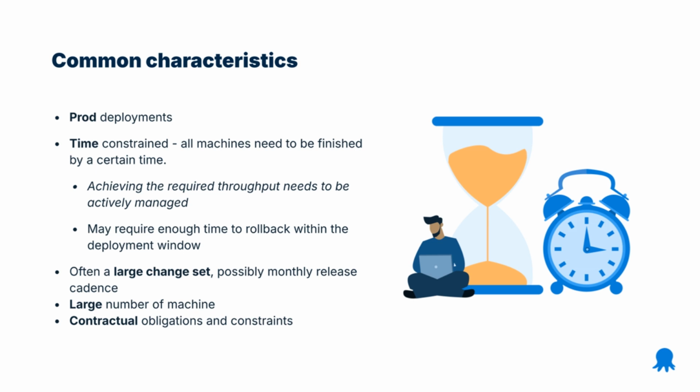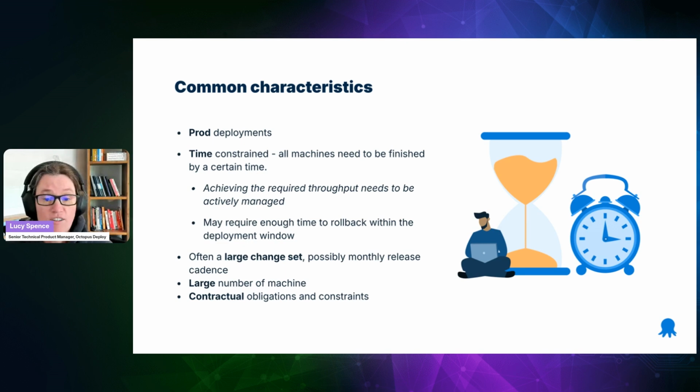So the kind of scenarios that we see in our customers are things like rolling out to medical devices in hospitals, rolling out to point of sale machines overnight in retail businesses, rolling out to factories and manufacturing equipment. Various things like this are where you're not able to do a zero downtime deployment.